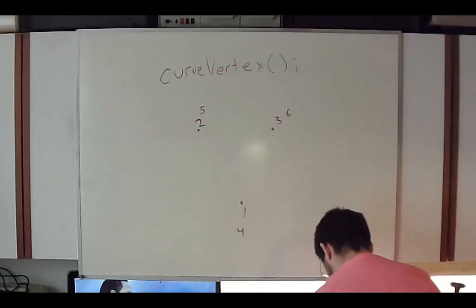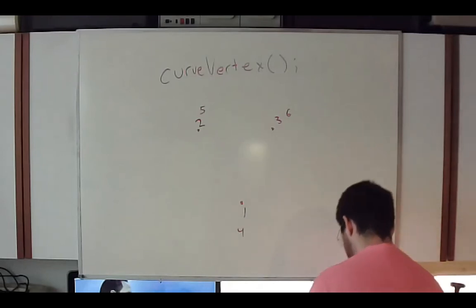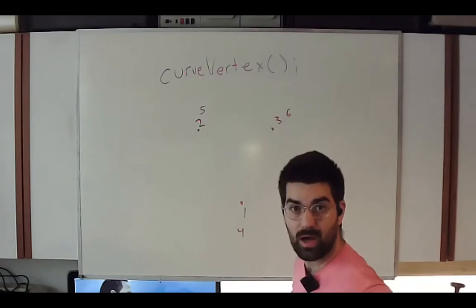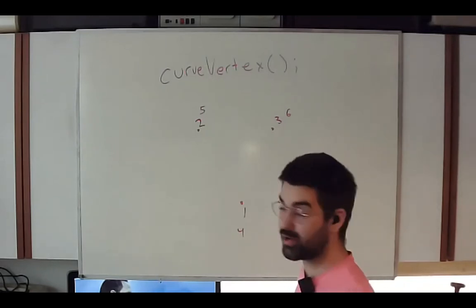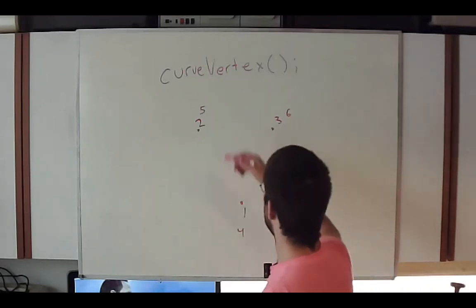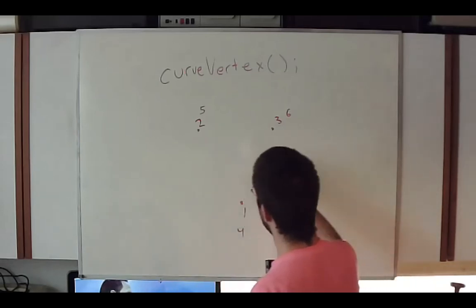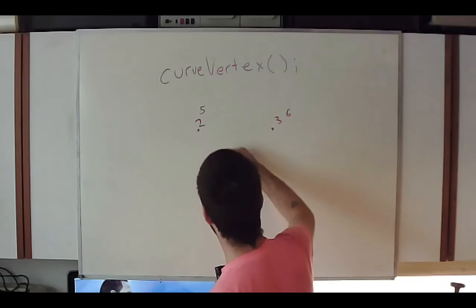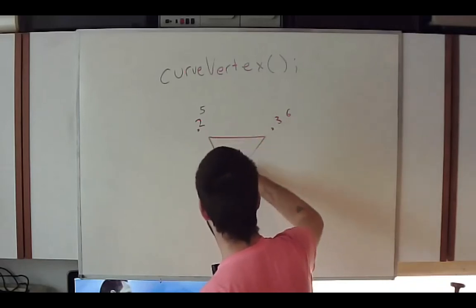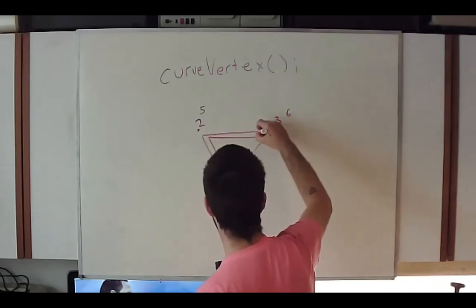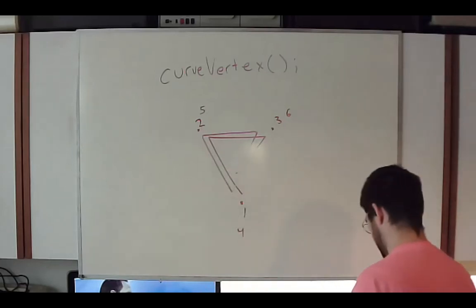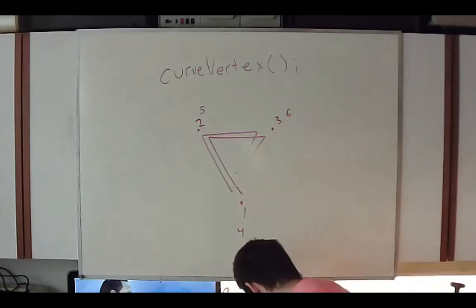All right, so to get all of those curves to know where they're going, we have to overlap our triangle, right? So our triangle kind of looks like that.